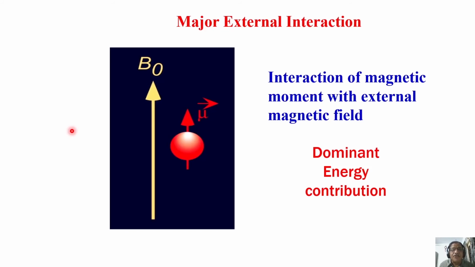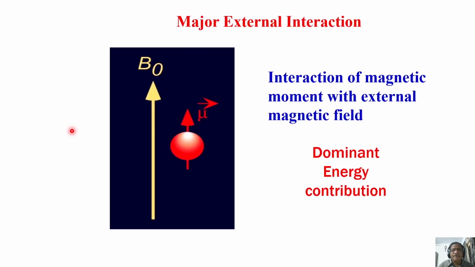Now you may ask: between the two external, which is more? Among the 4 internal interactions, which is stronger, which is dominant? And between external and internal, which is dominant? These questions can be asked.